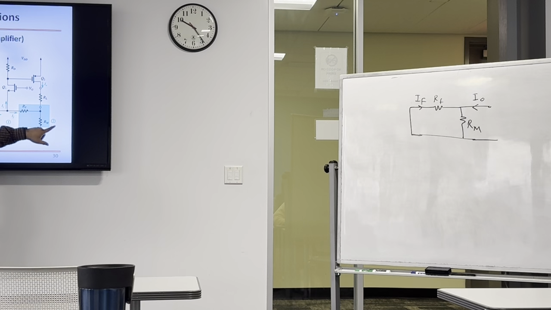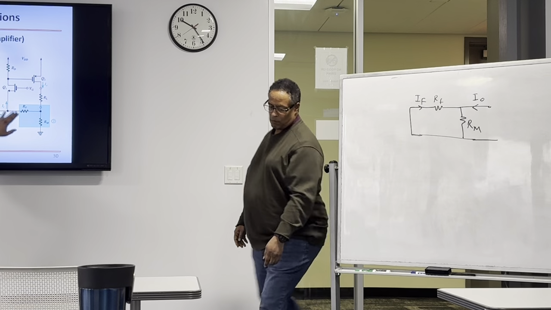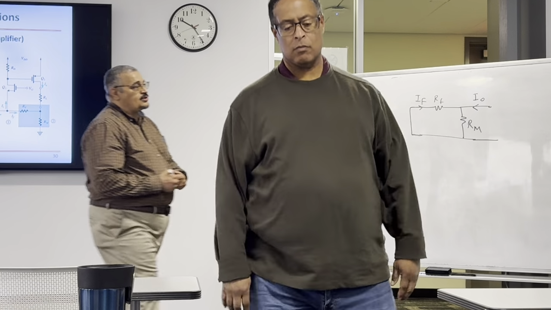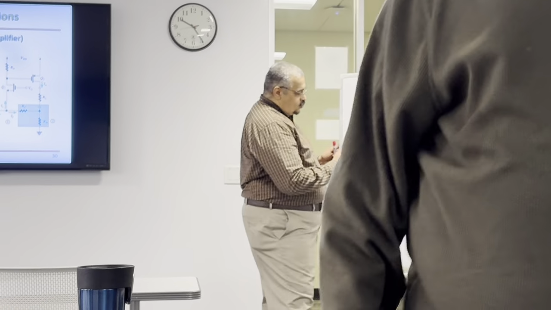Port 2 is the input, and port 1 is the output, right? If you disconnect the output here, you have to short it to the ground for the current to flow. Otherwise, IF is not going to flow, right? So you have to short circuit this one. Now, if you short circuit this one, can you give me the relationship between IO and IF?